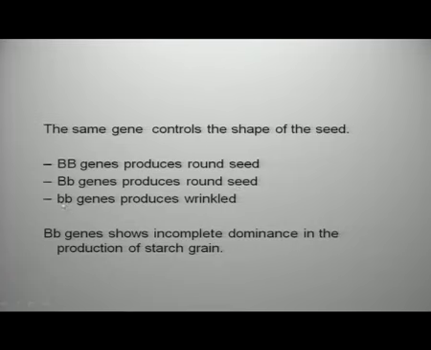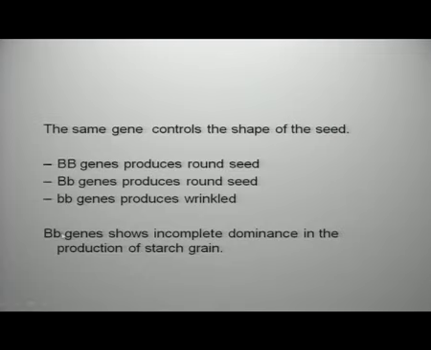The recessive homozygous genotype produces small-sized starch grains, so the shape of the seed will be wrinkled. Here you can see yet another phenomenon also, incomplete dominance or intermediate dominance.